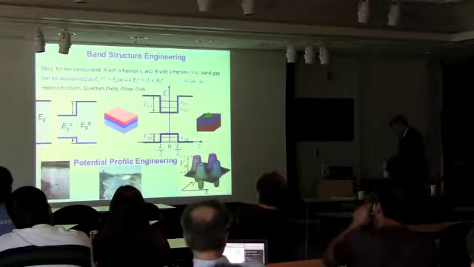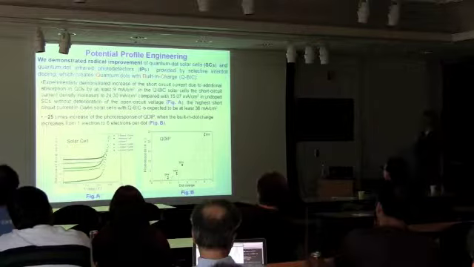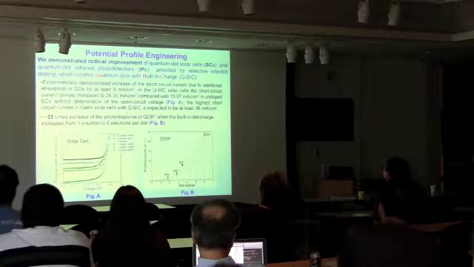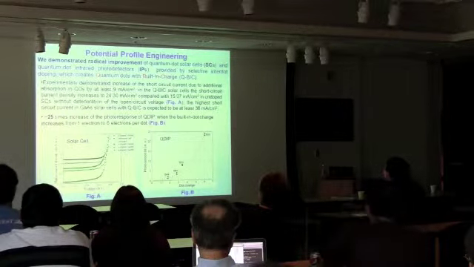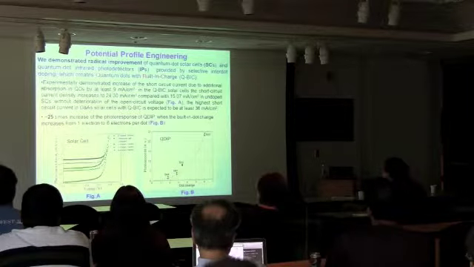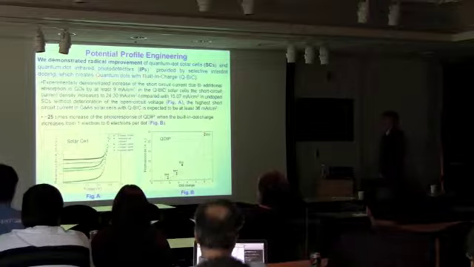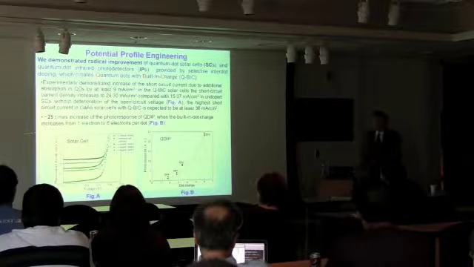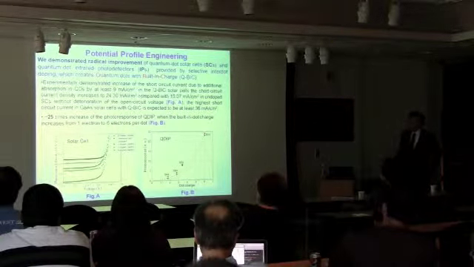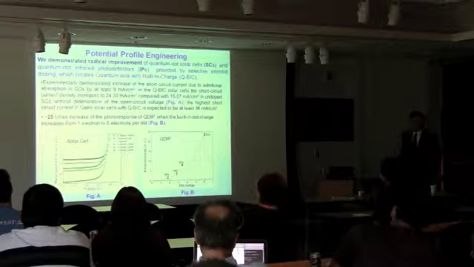So now, an advertisement of our efforts with this potential profile engineering: what we achieve, and why it is good. I show that we have improvement in solar cell performance.